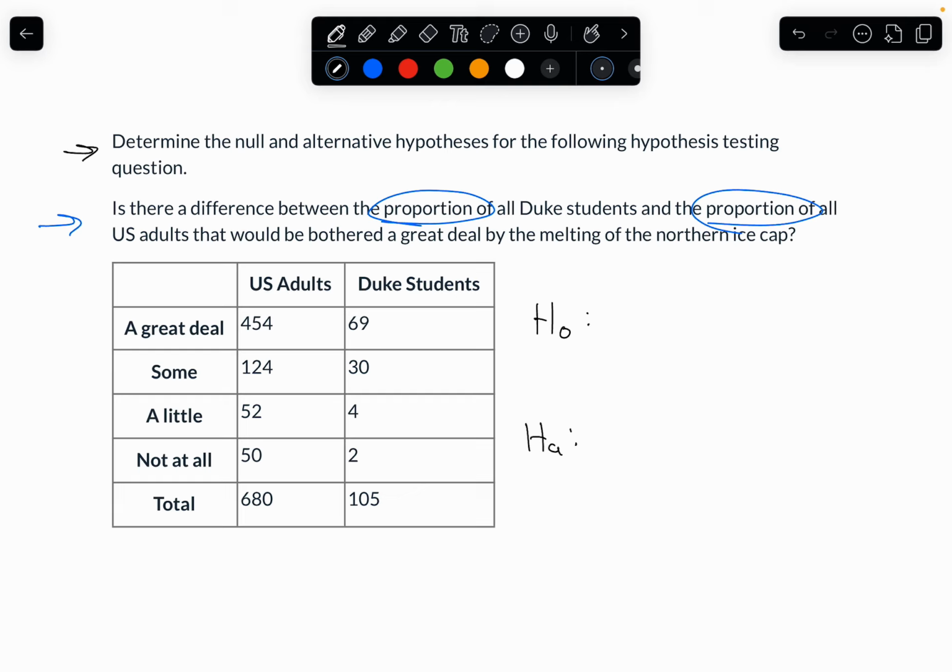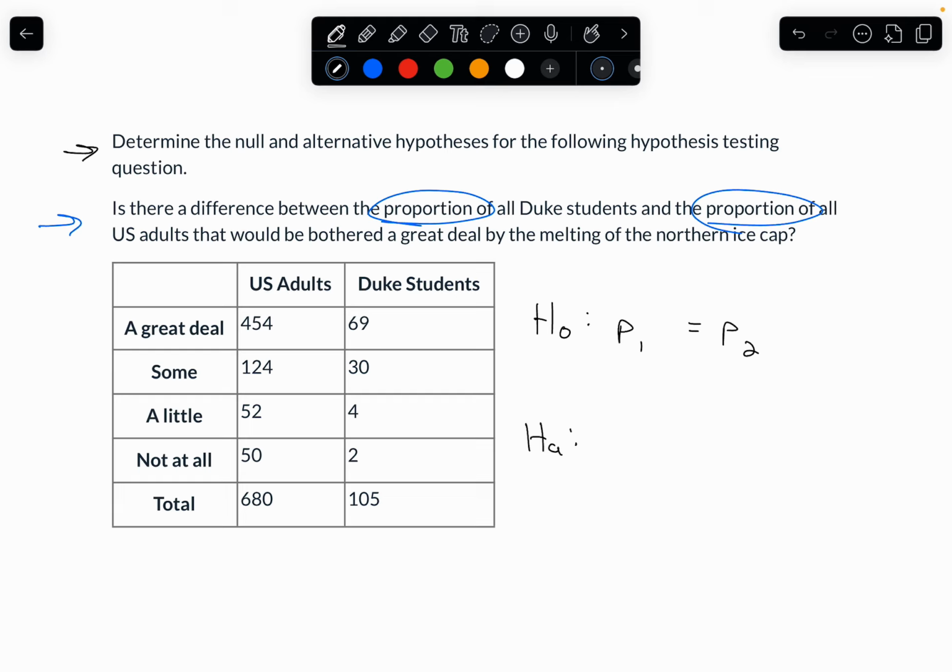Now, the nice thing about these types of problems is that the null hypothesis is always the same regardless of what claim is being made or what question is being asked, as long as we're working with two separate proportions. Our null hypothesis is always going to be that P1 is equal to P2.